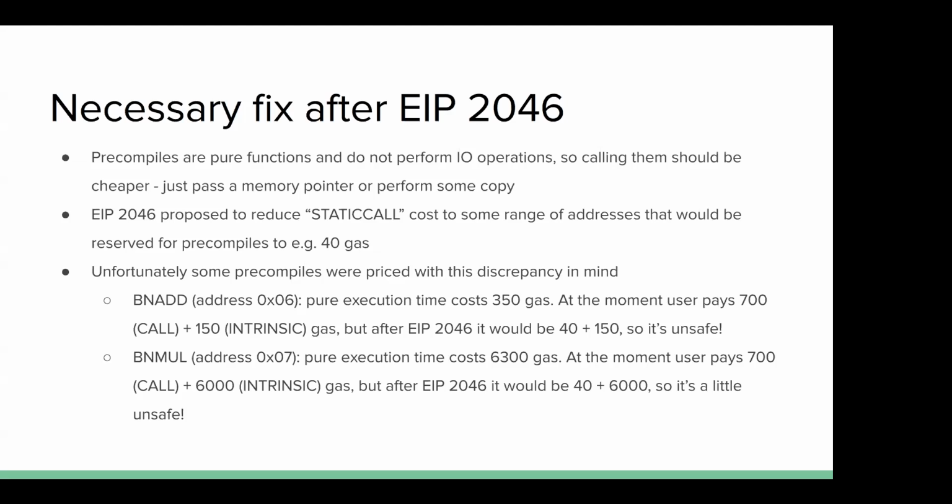Yep. And the reason for that is how it's priced. It's quite easy to explain. In most use cases, the actual execution time of this precompile itself will be in a range of, let's say, 10 gas.